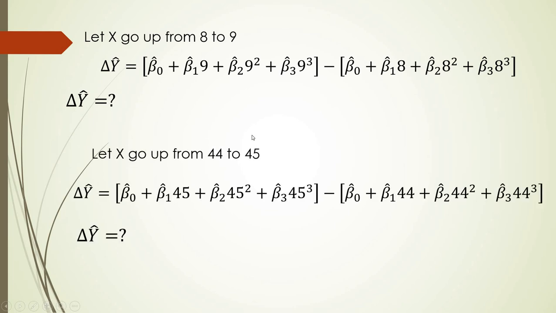And also, we'll do that for the other side of the curve, from 44 to 45,000. Maybe even add some more, maybe from 22 to 23,000 also, because this is somewhere between these two intervals, just to calculate the value of the change. Okay, this is the end of the presentation.